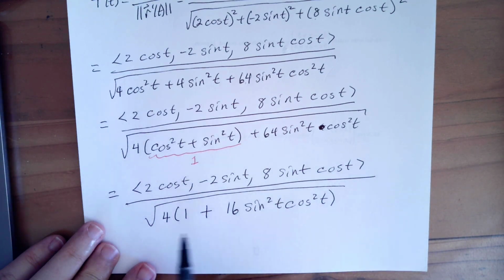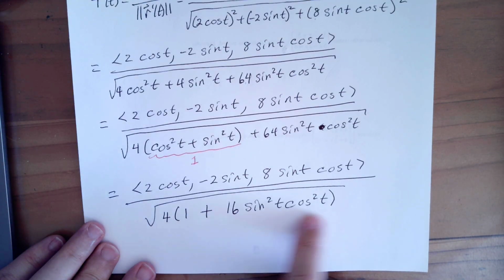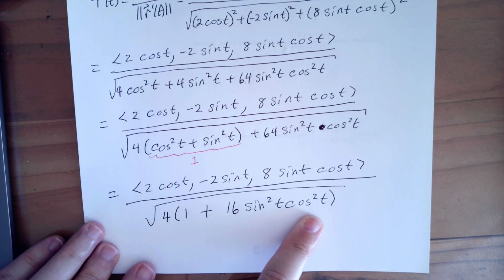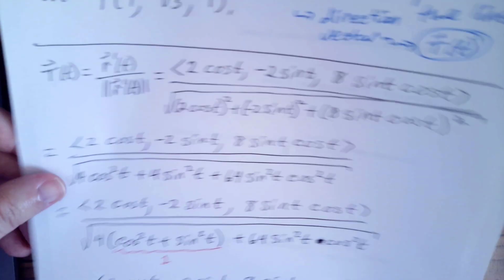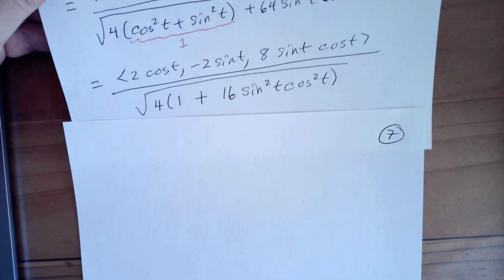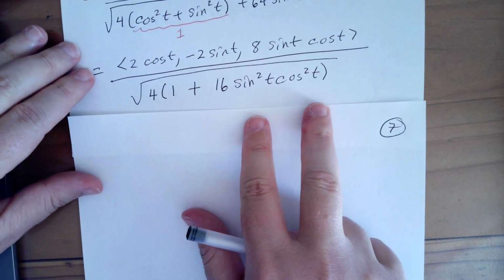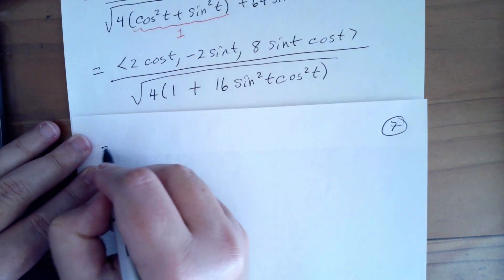And of course, you have products in here, so the square root of 4 gives us 2, and then we'll have the square root of this stuff, which I don't think we can do much else to. So we'll leave this answer as being the following.